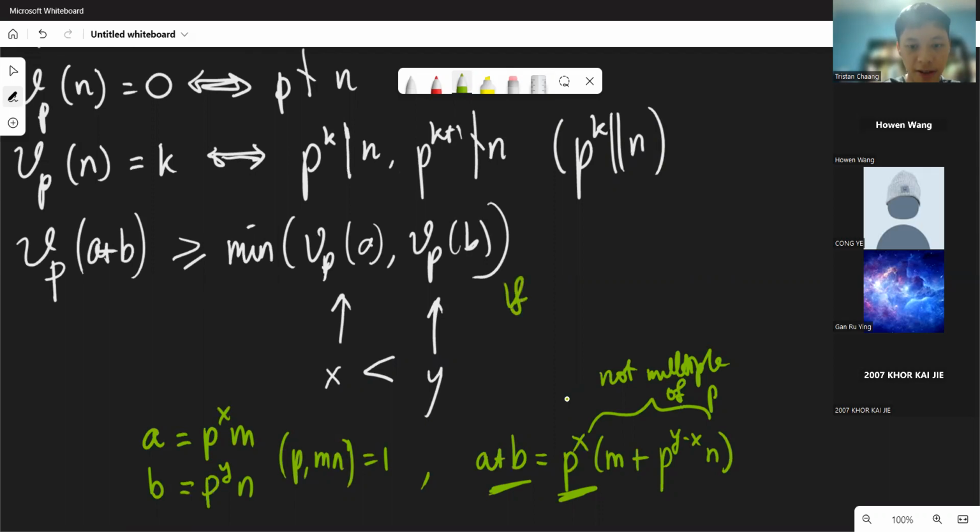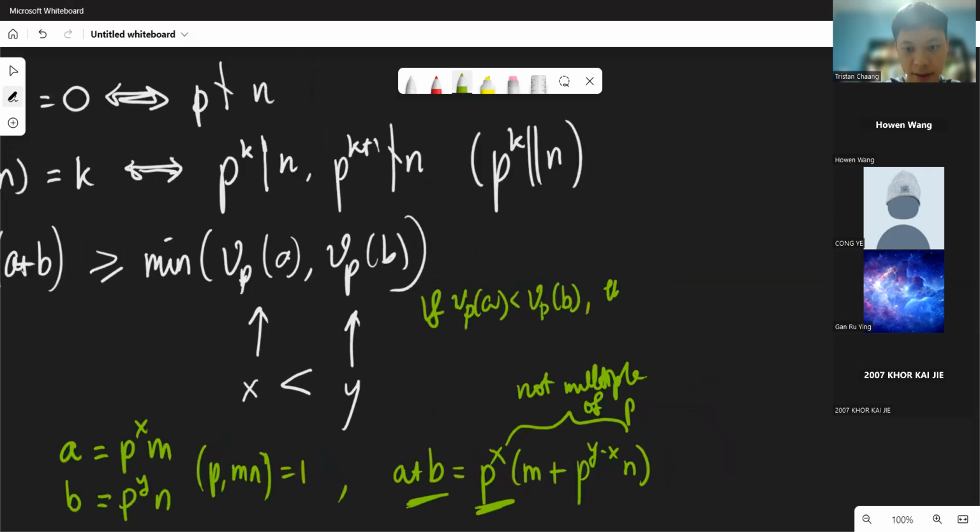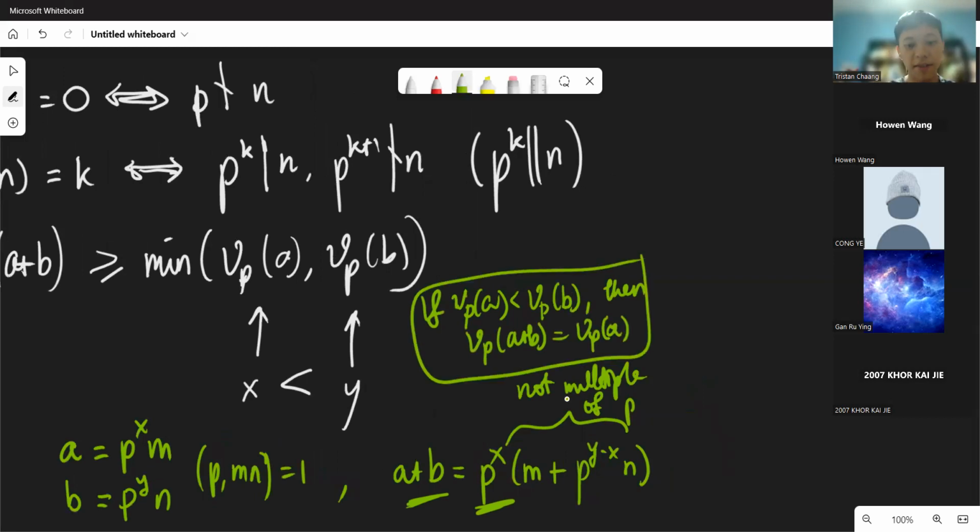So if VP of a is strictly less than VP of b, then VP of a plus b is equal to VP of a. But that doesn't mean that if VP of a plus b is equal to VP of a, then VP of b must be strictly greater than VP of a.